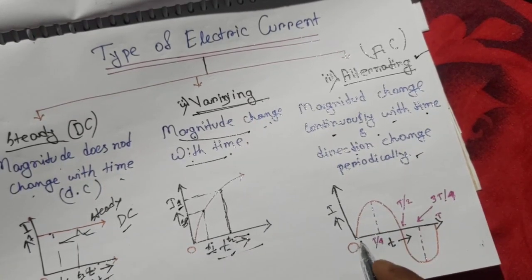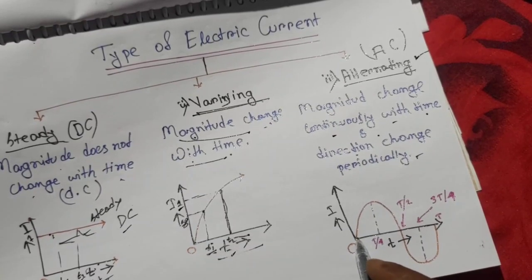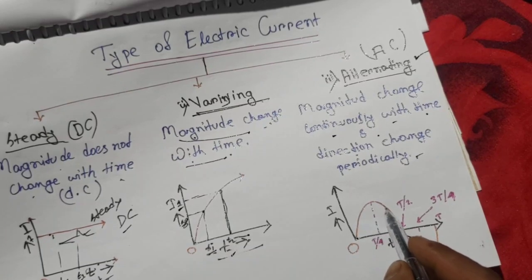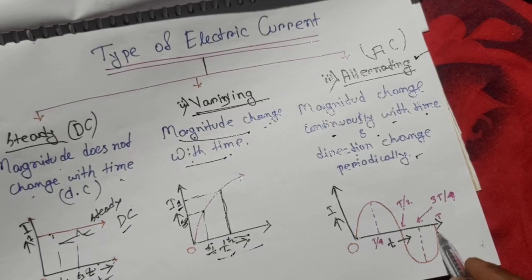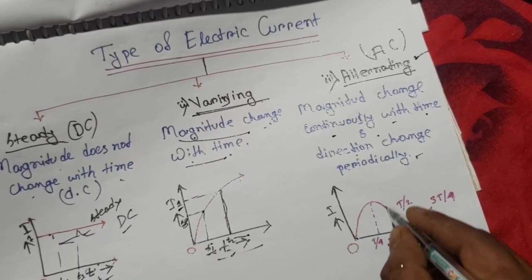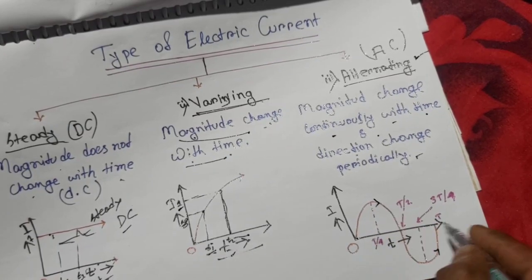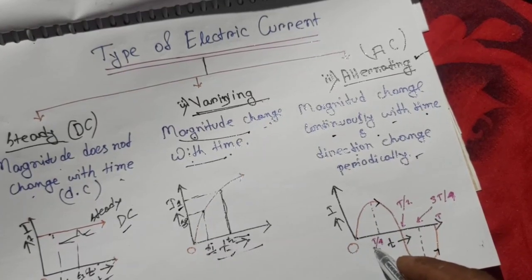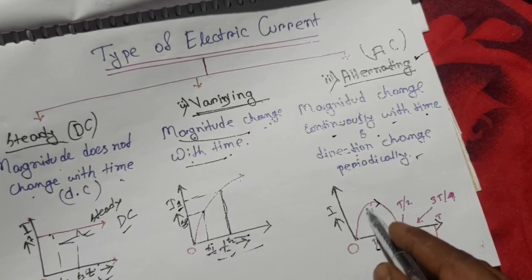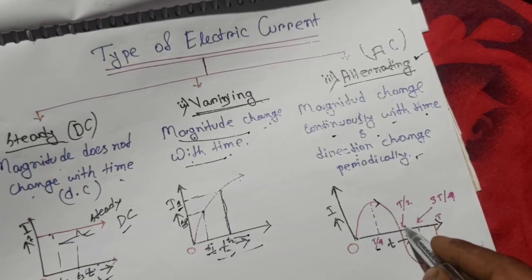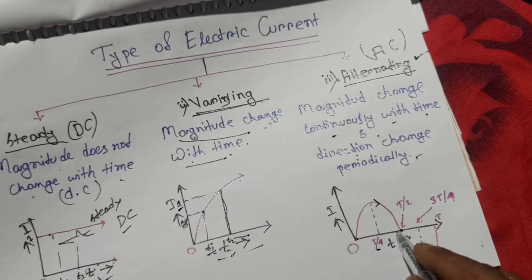Here, starting from 0, current starts flowing. Look, it's making a sinusoidal wave. Okay, the direction will be like that. This one is one full cycle. Okay, here at T by 2 it's one half cycle.